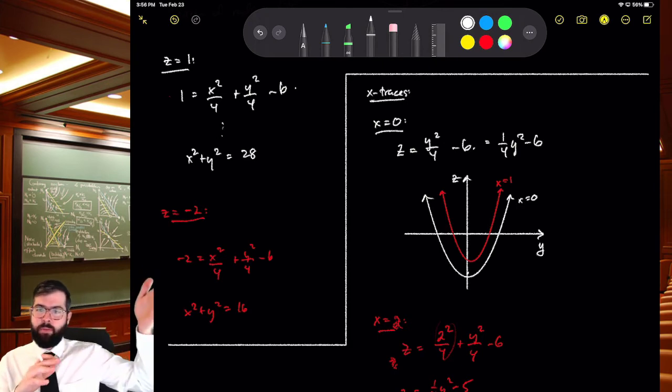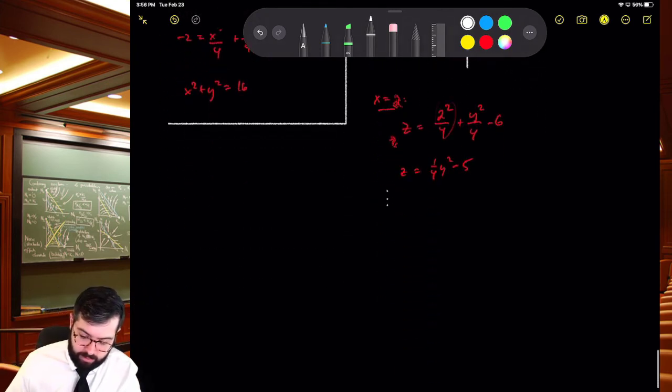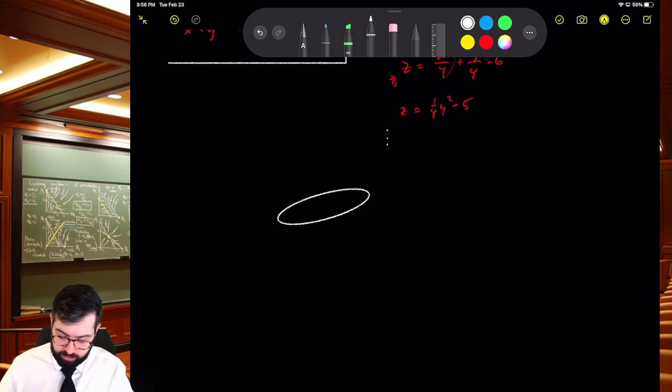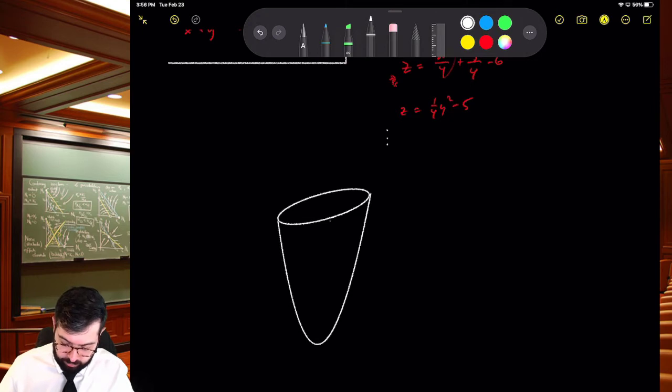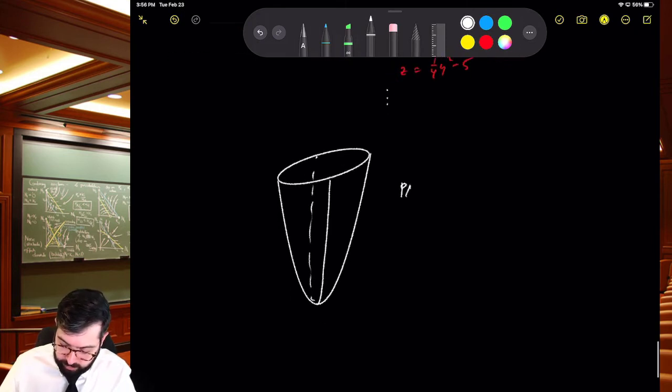The parabolas are moving up. So what we end up seeing is something that has circular cross sections top down and parabolic cross sections from side to side. And so this is what we call the elliptic paraboloid.